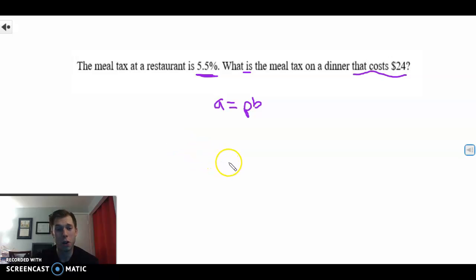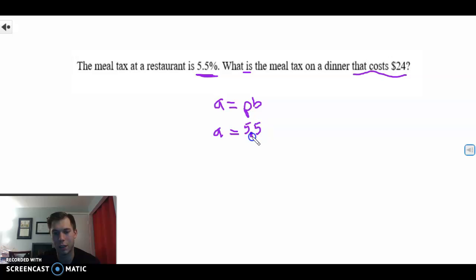Alright, to solve this, you have your percent, and the amount that the dinner cost, $24, is going to be your whole. So you have to ask yourself, what's the whole and what's the part? In this case, $24 is the whole. You're looking for the meal tax, so A is that part, that what is. We know the percent. We can write it as 5 5/10%.